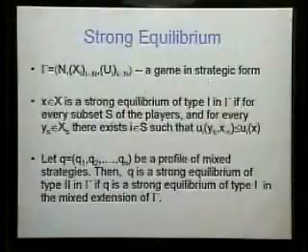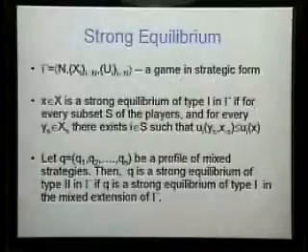So an action profile will be called a strong equilibrium of type 1. This is what has been defined by Aumann. If for every subset of the players and every strategy profile of them, there exists at least one agent that will not benefit by this deviation. This is the definition by Aumann.